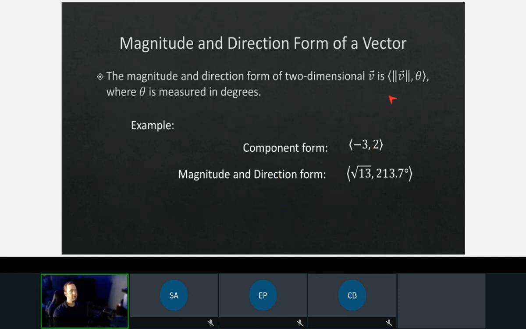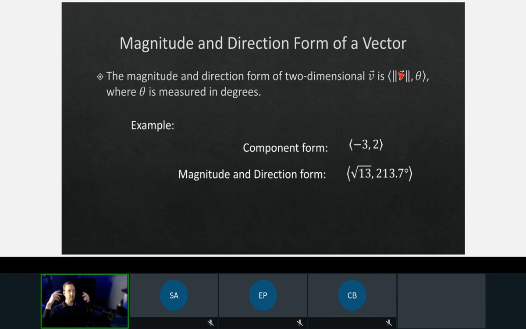All right. So the magnitude and direction form of a two-dimensional vector is chevron brackets, magnitude, comma, angle. So this is the form. Whereas if it was the chevron brackets with x comma y, that's just component form.